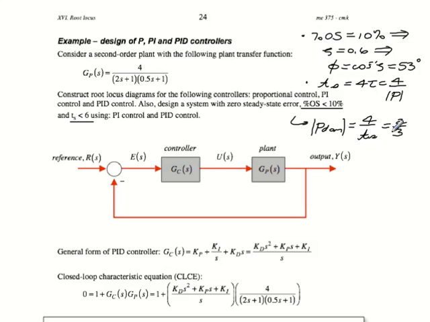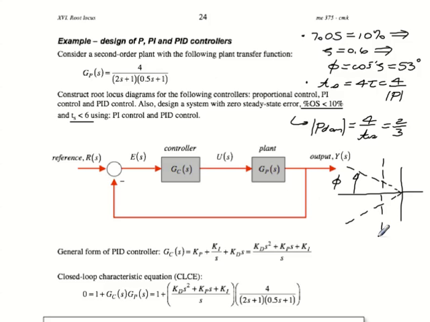How does that influence how we move around on the complex plane? Well, one thing we have talked about a good bit this semester is this wedge. This wedge, which is formed by drawing at the angle phi, which in this case is 53 degrees, and then on the right hand side it's bounded by our constraint on the time constant.